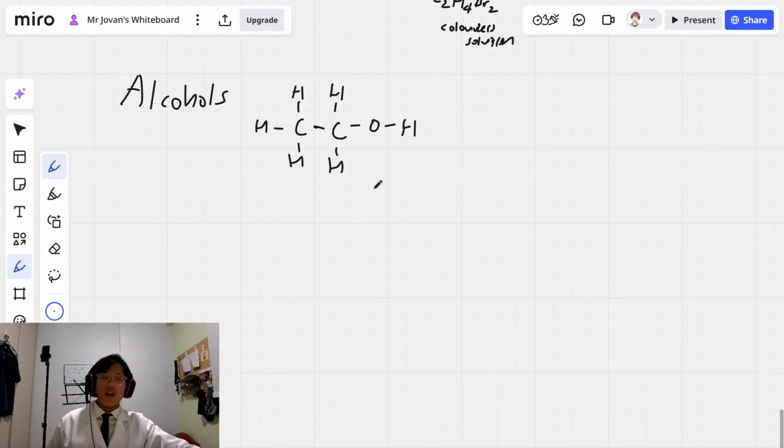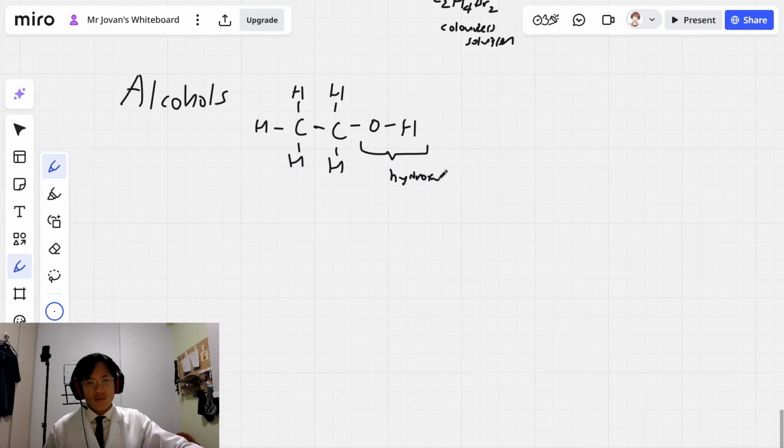This is an example of an alcohol. You will notice that in alcohols, this is called a hydroxyl group, and this is the functional group of an alcohol, this OH group here. This is what makes alcohol special. This is called ethanol.